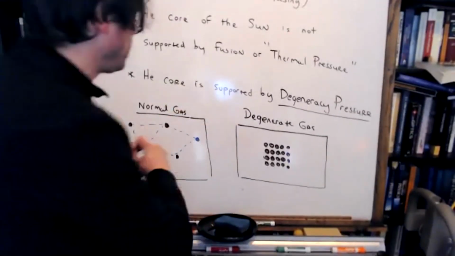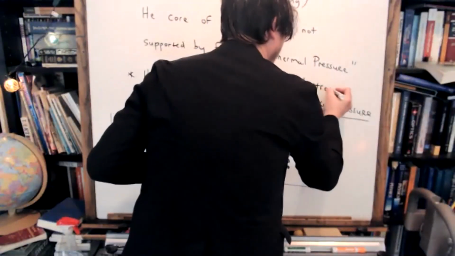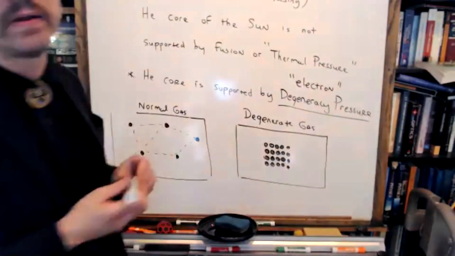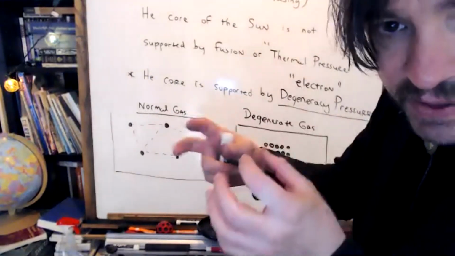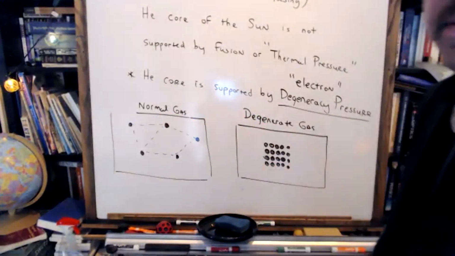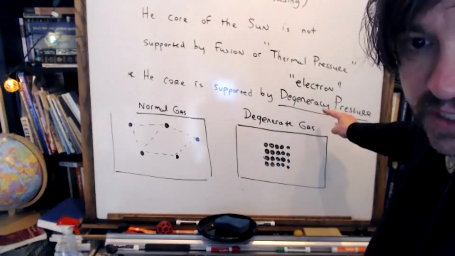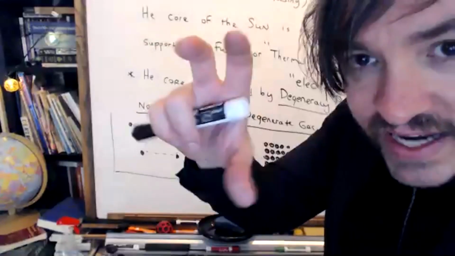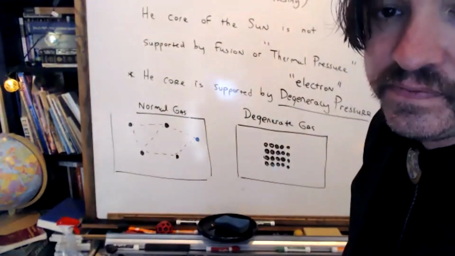The helium core is supported by electron degeneracy pressure, meaning before the nuclei come in contact with each other, the pressure of the electrons not overlapping with each other is preventing the gas from collapsing. Electron degeneracy pressure is so potent, it can actually support the weight of half a solar mass or more worth of material.